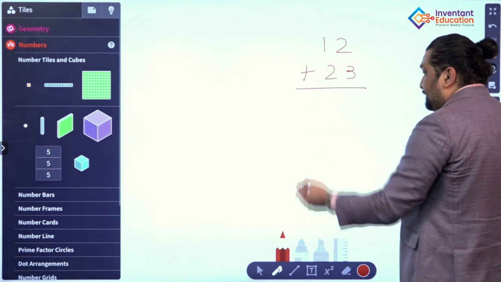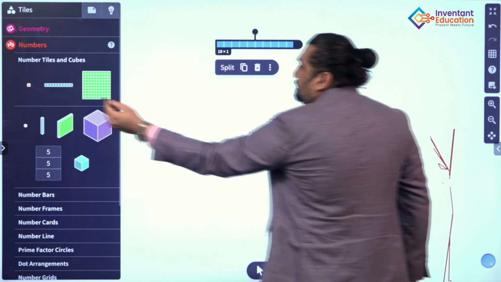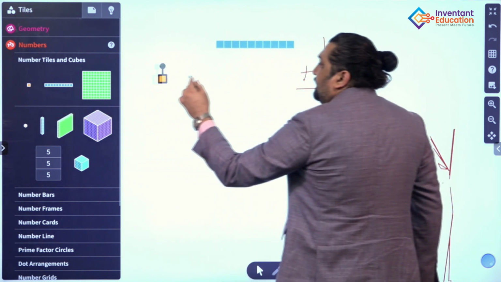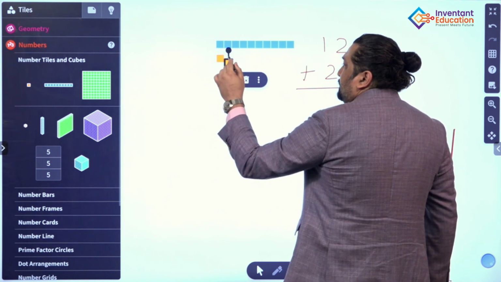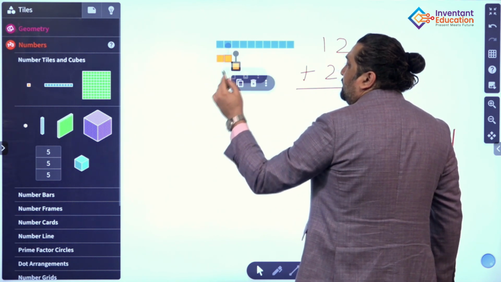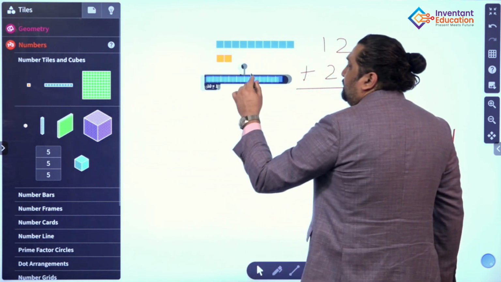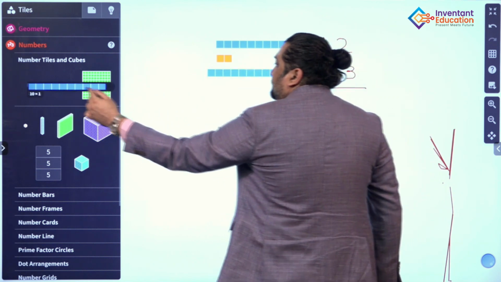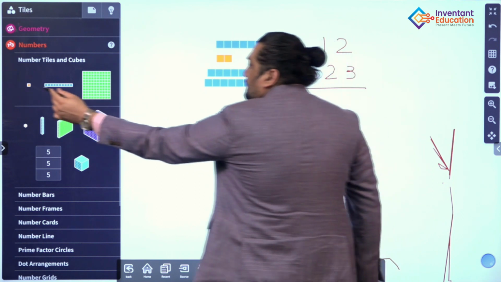For 12 we have a 10 and 2 ones, and for the second number 23 we drag 2 tens and 3 ones.